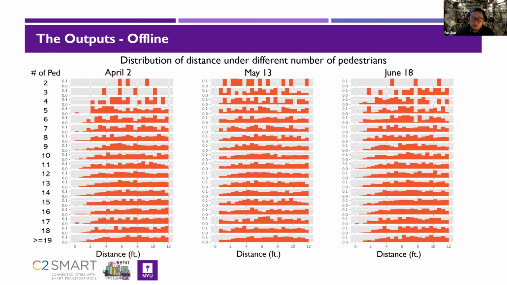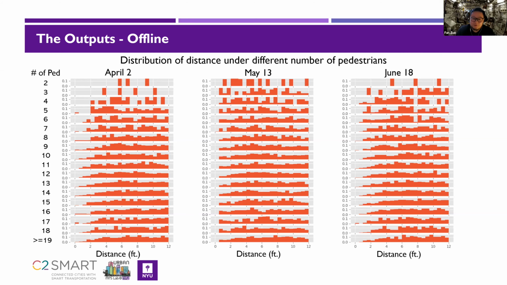So people are starting to move out, but they are still learning to reform the distancing compliance. So you can see the distribution here is flattened. And in June, the distribution became normal again.